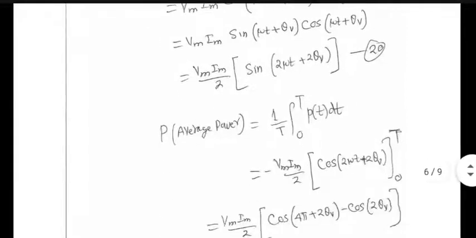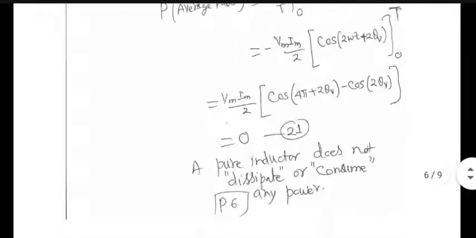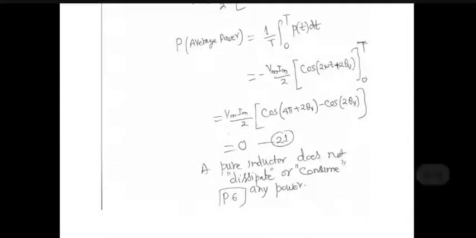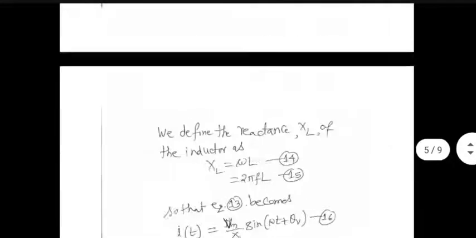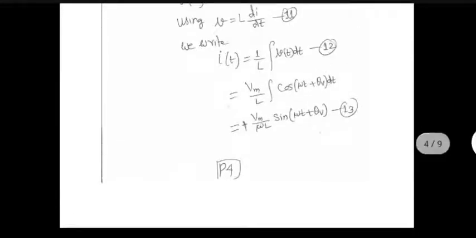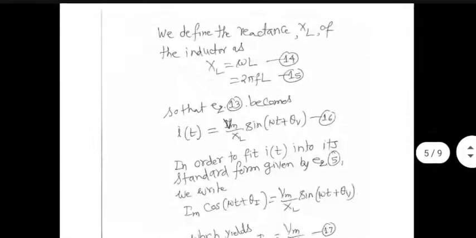If you take the average of this formula, you get 0. Verify it yourself. Average power is 0 in a purely inductive load. Pure inductor does not consume any power. As simple as that. I'm avoiding the use of a word which will come soon. It's called reactive power and real power. But right now, let's not go too far in that direction.